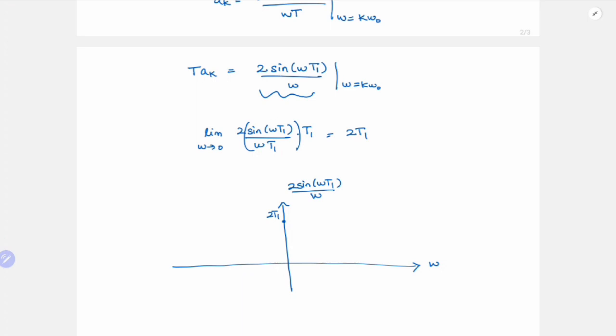And then sine just oscillates, and the division by omega will reduce the amplitude of oscillation. So it will be something like this. And sine is an odd function and omega is also odd, so together they are an even function, right? So they are symmetric about the y-axis. So it will be something like this.